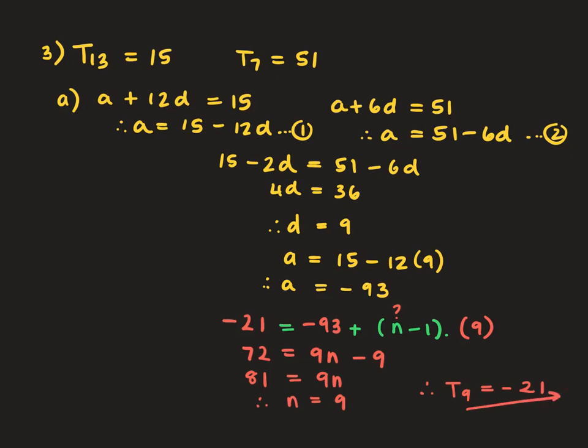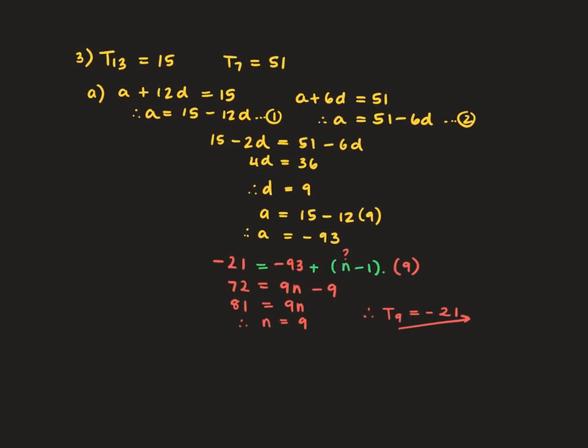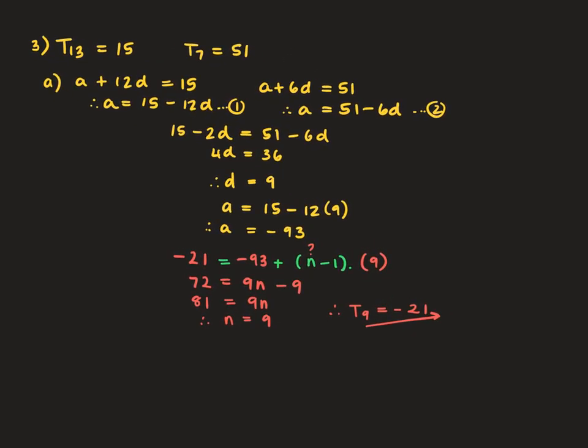So that was 3a. 3b says, show that 66 is not a term in the sequence. Okay, so we're not going to panic. So we know the nth term from before, right? You just did it for me.